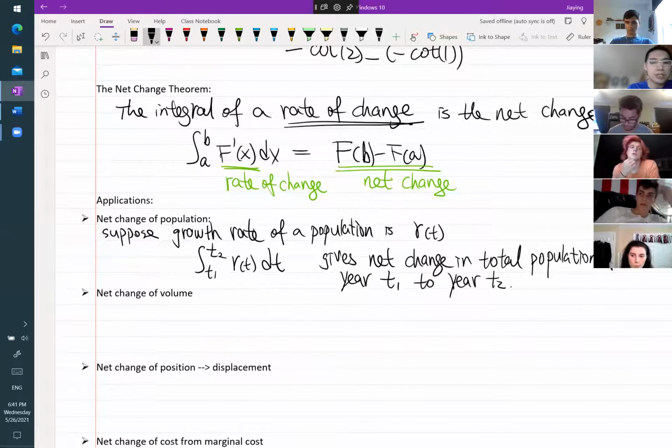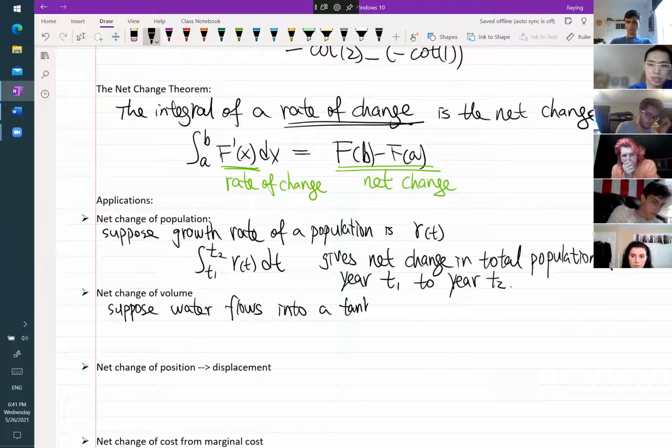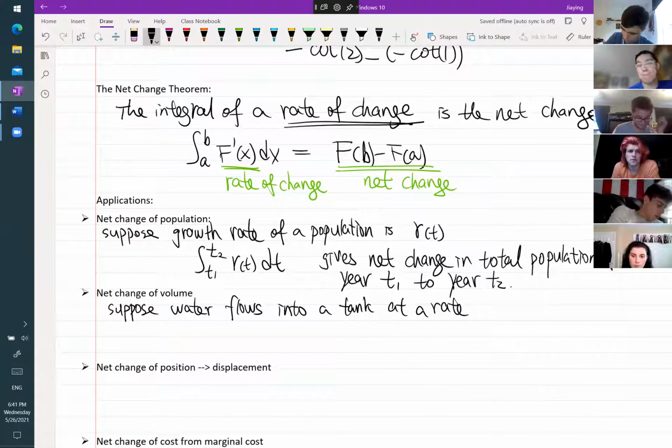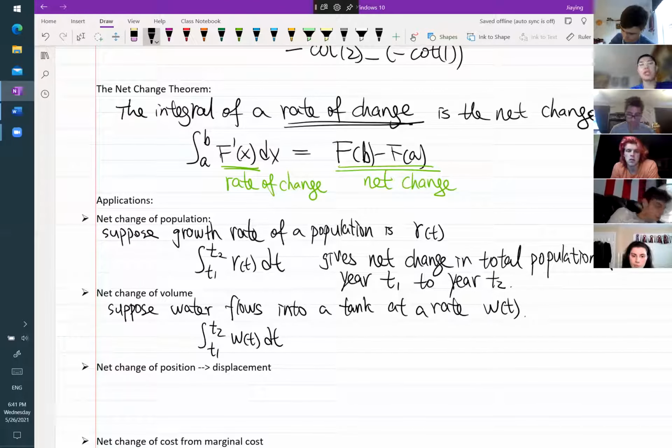Another example, suppose that we have water that goes into a tank. Suppose water flows into a tank at a rate W of T. It depends on time again. So if we're integrating from T1 to T2 of W of T with respect to T, we're integrating the rate of change of water.